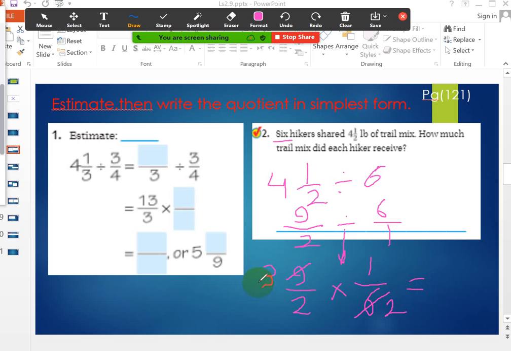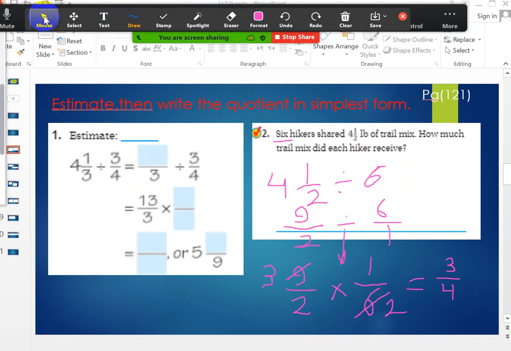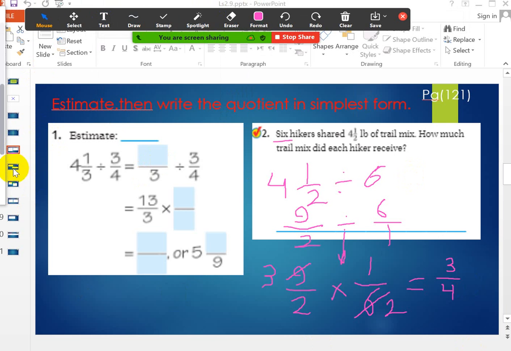The answer will be 3 multiplied by 1 equals 3, 2 multiplied by 2 equals 4. So this is the amount that each hiker receives from the trail mix. Okay, 3 over 4 in the simplest form. So you finish this side, girls. Let's move to number 3 and 4.